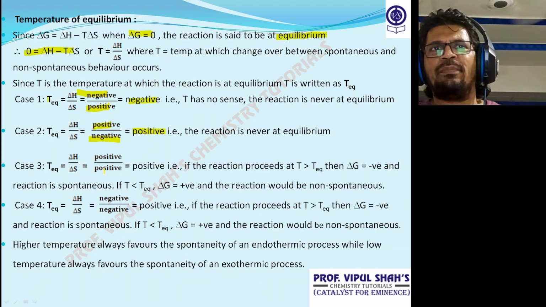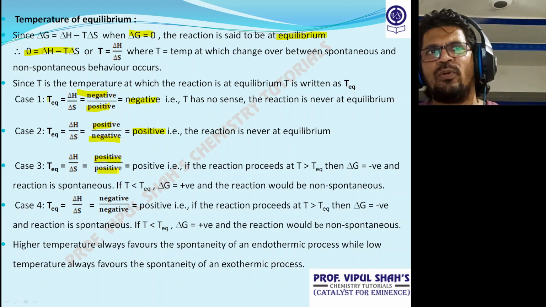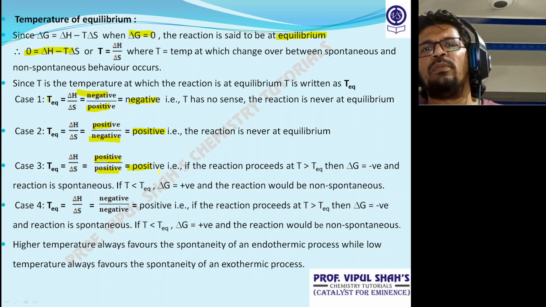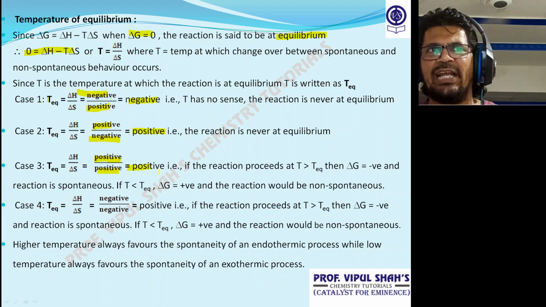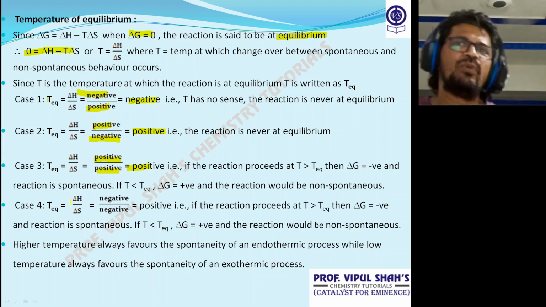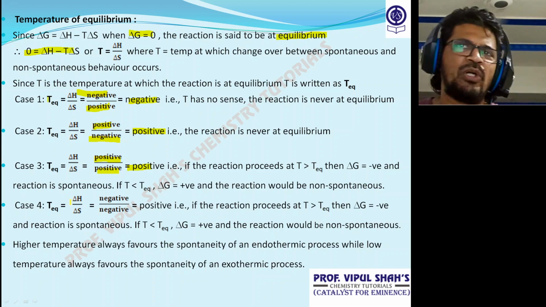And if delta H is positive and delta S is also positive, the temperature at equilibrium is positive, so if T is more than T equilibrium, then delta G is negative, the process is spontaneous. Same way, if T is less than T equilibrium, delta G will be positive, the process is non-spontaneous.